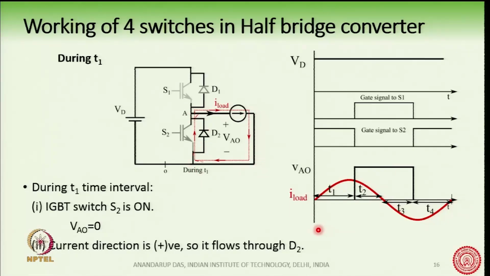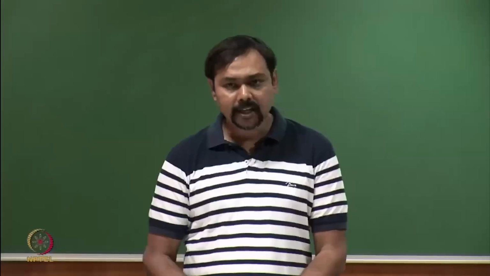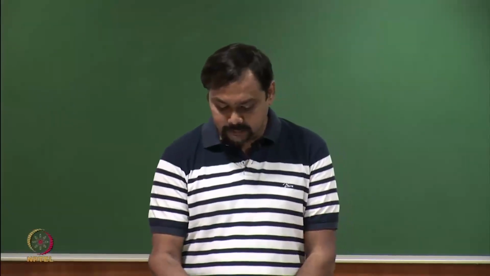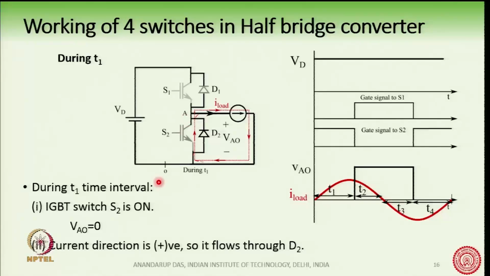So, we see that in spite of giving pulse to S2 during this time, the IGBT is not conducting, it is the diode D2 which is conducting, and the voltage between point A and O is 0, because if it is an ideal diode, the voltage drop across the diode is 0. So, basically point A and O are at the same potential.